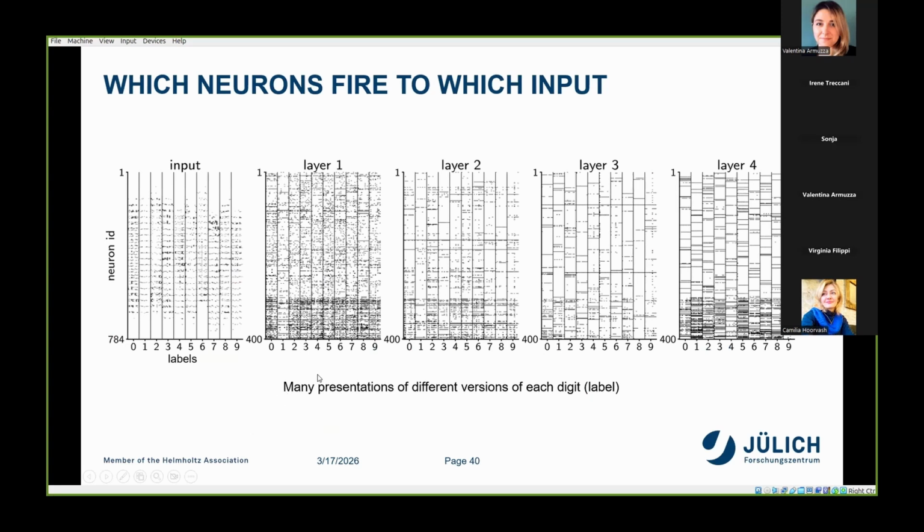Now, you also need to read this. This I ignore for now. This is the input. But for example, in layer 1, you see here multiple presentations of a 0. This is this first box. And then you see here the axis of the neuron IDs. And you can see which neurons are active for presentation of a 0. I know it's a bit dense, but if you go across this, you notice that the seemingly random dots become more and more like lines.